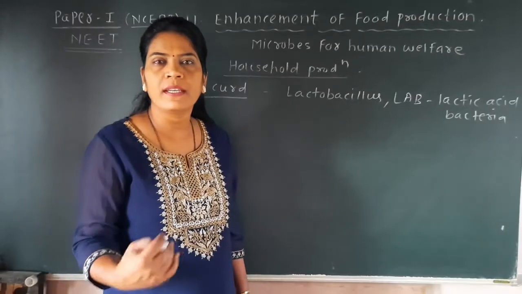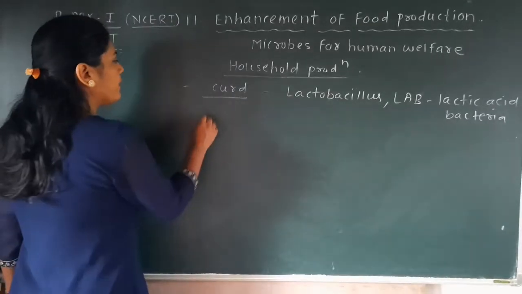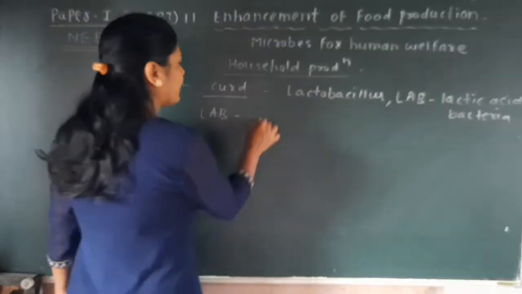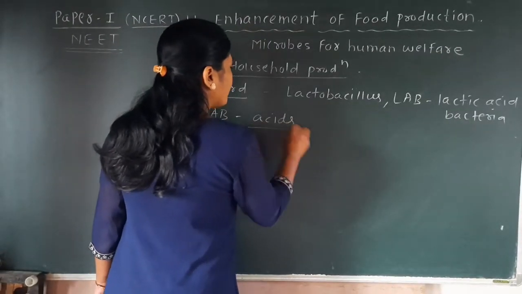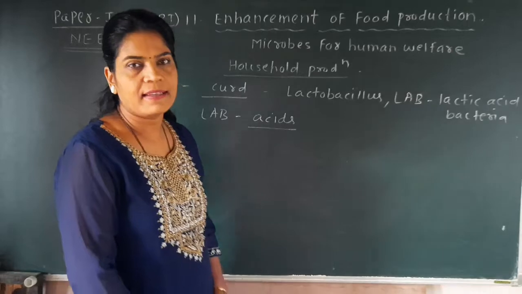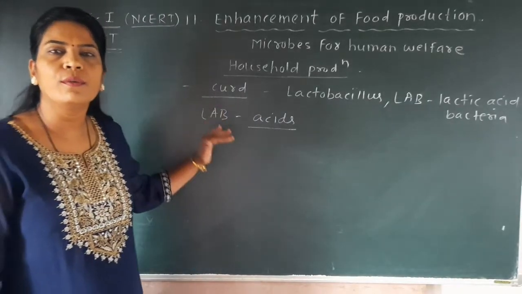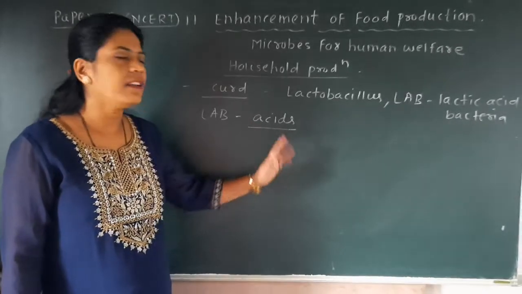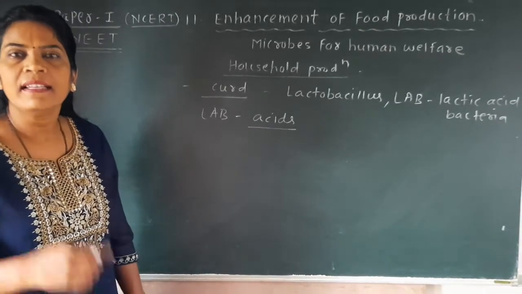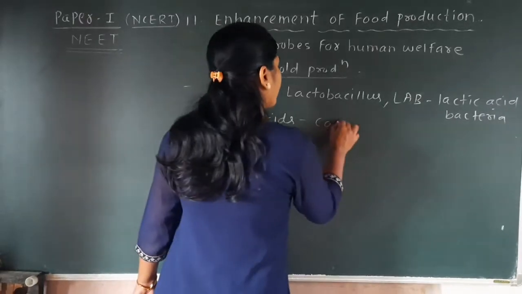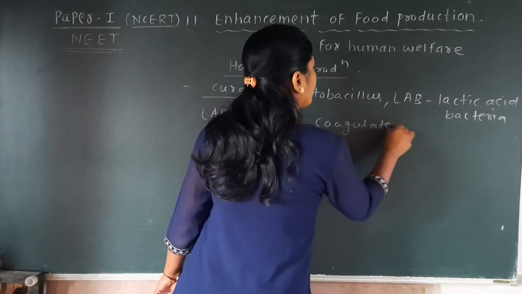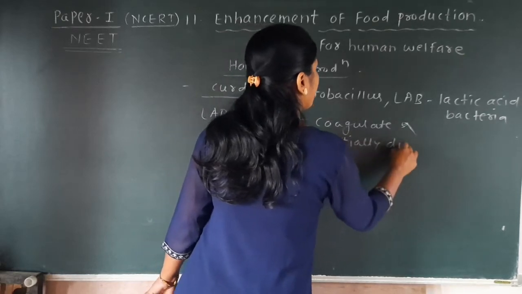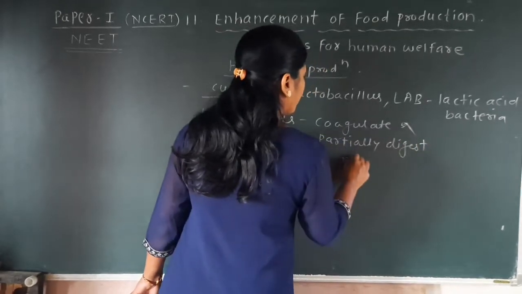During the formation of curd, this LAB, the lactic acid bacteria, produces acid which we commonly call lactic acid. During their growth in milk, they produce this acid, and that lactic acid coagulates and partially digests milk protein.